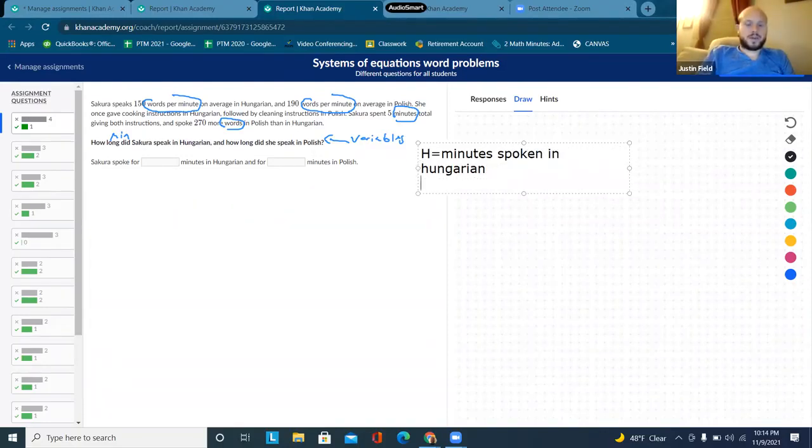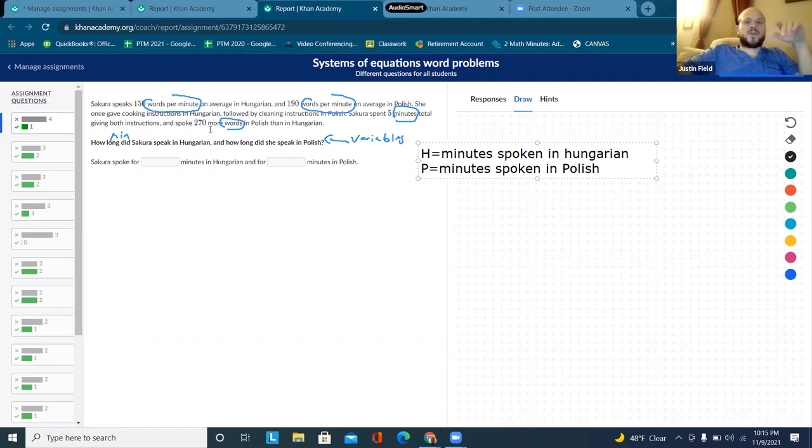And then P, you know I'm 50% Polish, is minutes spoken in Polish. And then we also have words, and then we have words per minute.